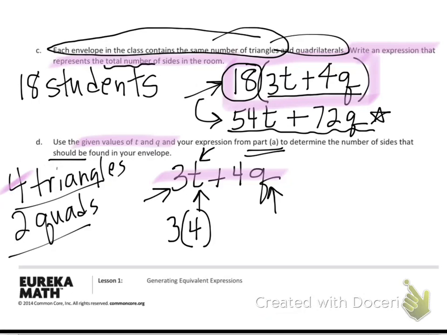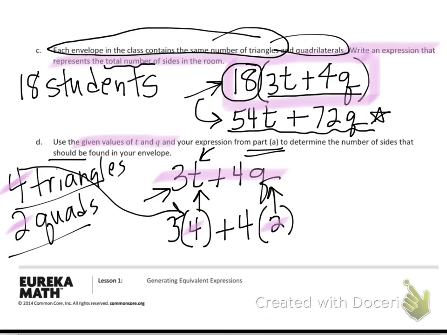So we plug in the 4 here, because we know we have 4 triangles in there, plus 4, which is the coefficient for quadrilaterals because each quadrilateral has 4 sides. Plug in the fact that we have 2 quadrilaterals in our envelope.